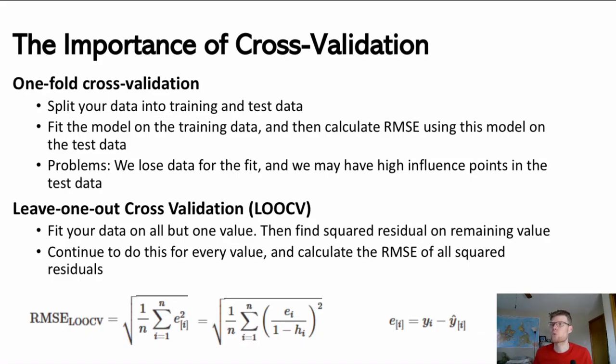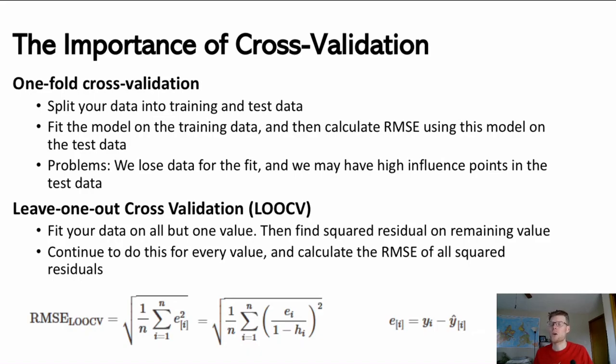In this class we're going to just look at leave one out cross-validation as an answer to this problem, and that's because if we leave out a large amount of data, then we might end up with an influential point in that data. It might just not be a good representation of the data if we do that.